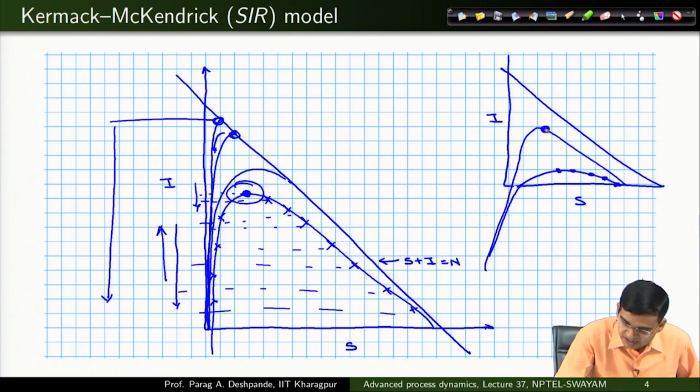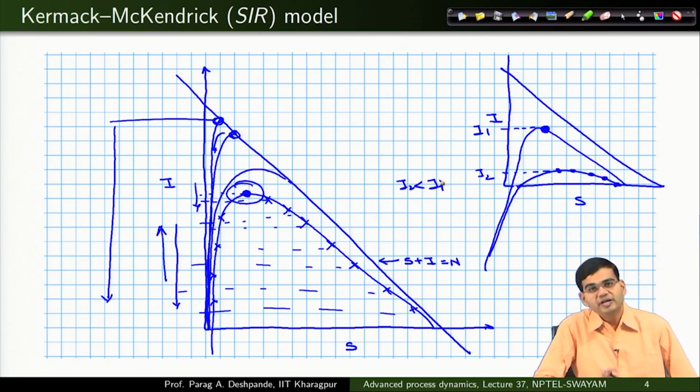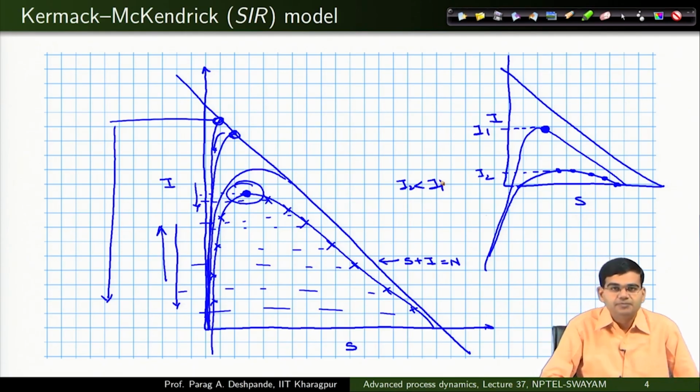Here you have reached a maxima where you have a larger number of infectives, I 1 versus I 2, I 2 less than I 1, and therefore, although a pandemic or epidemic has been there in both the cases, the number of infectives increased with time.